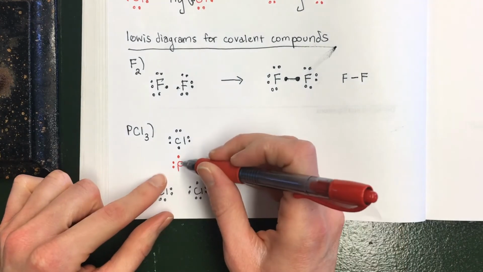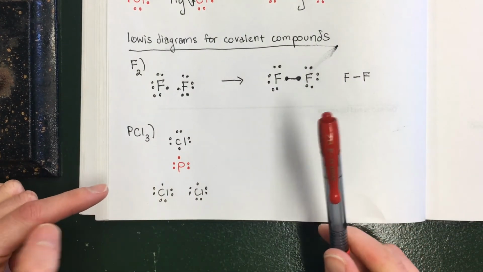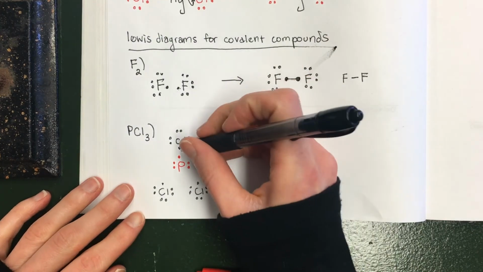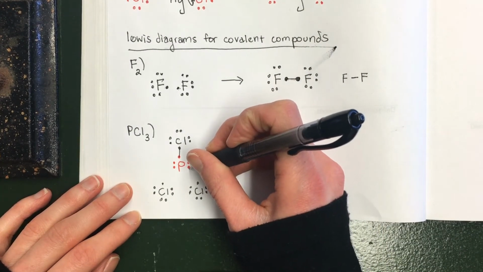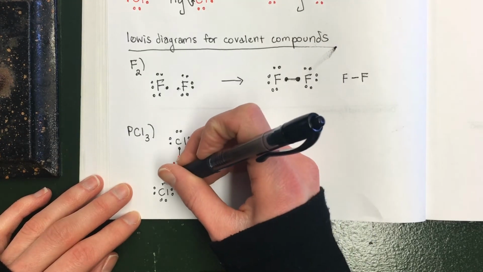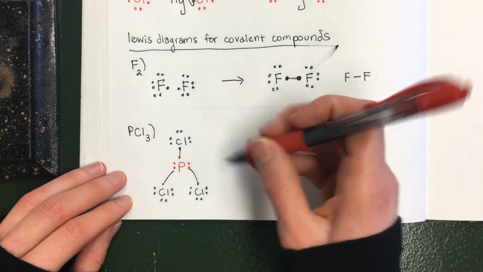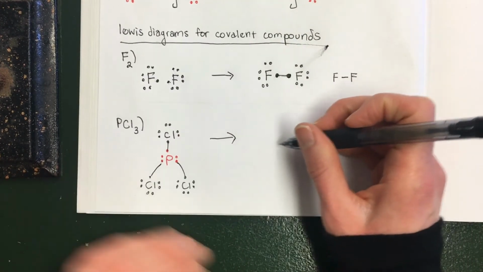So phosphorus wants to have 8, chlorine wants to have 8. And so what's going to happen is this chlorine is going to share this electron with phosphorus, and this chlorine is going to share this electron, and this chlorine is going to share this electron. So we can draw these a little bit closer together over here.